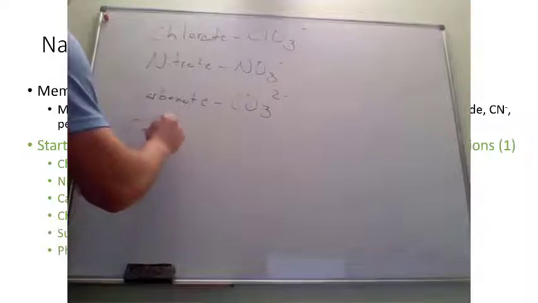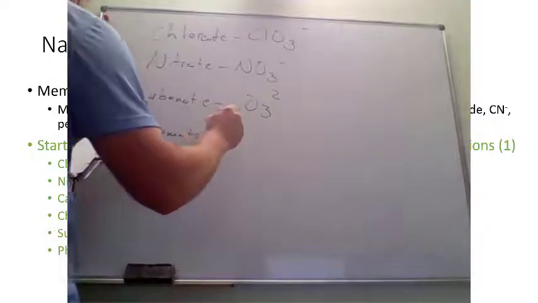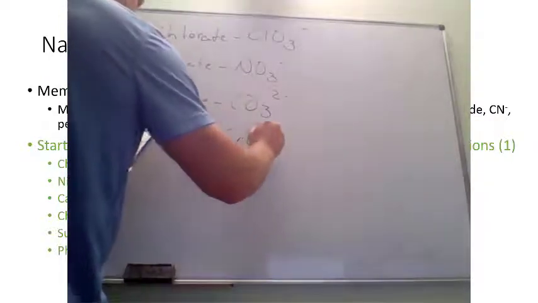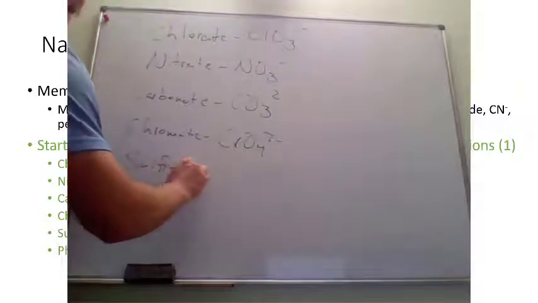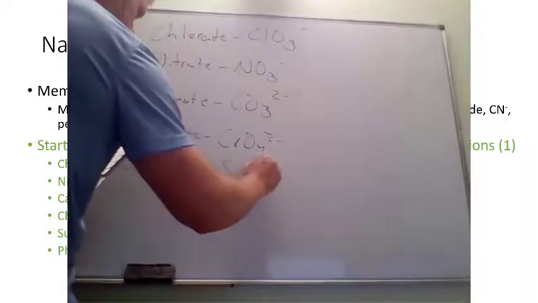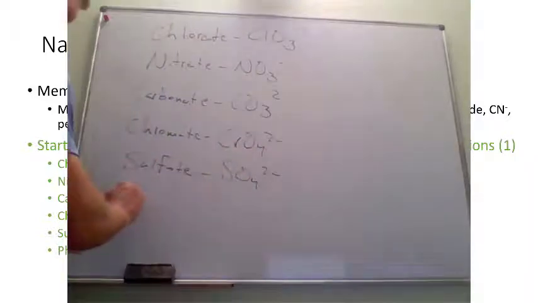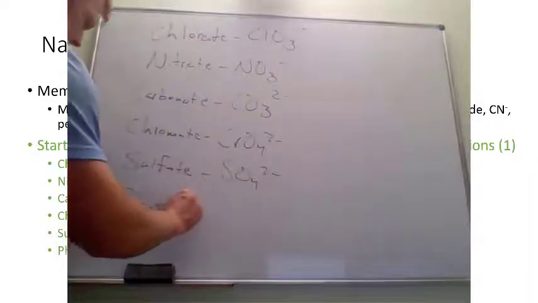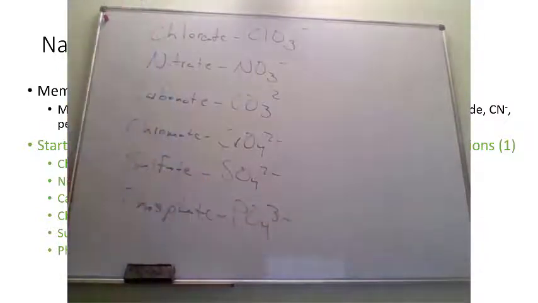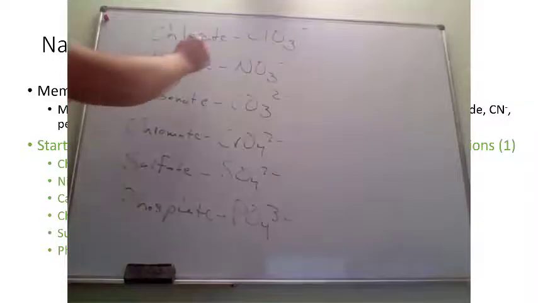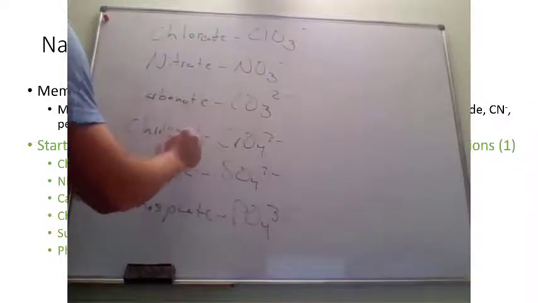Chromate is going to be CrO4 2 minus. Sulfate will be SO4 2 minus. And phosphate is PO4 3 minus. So you notice all of these polyatomic ions have an ATE ending.